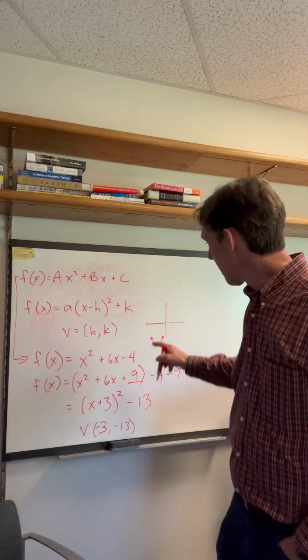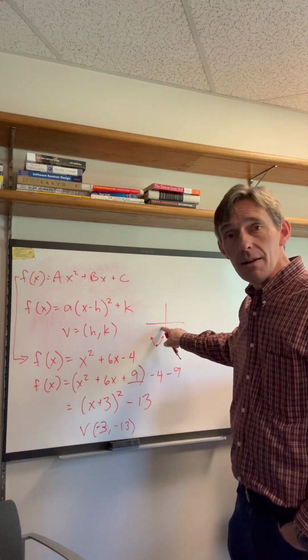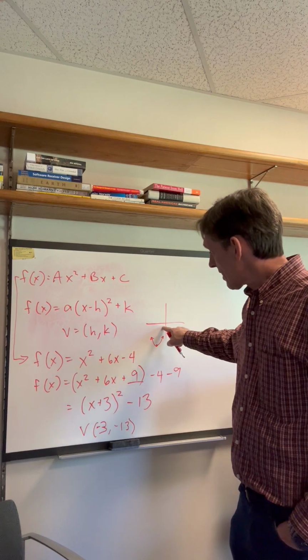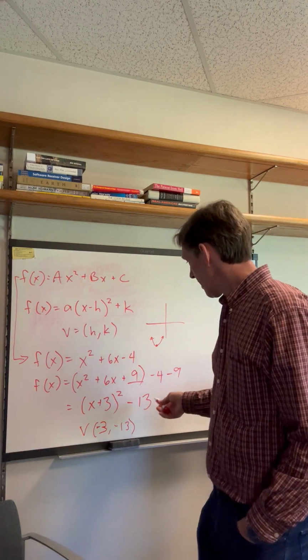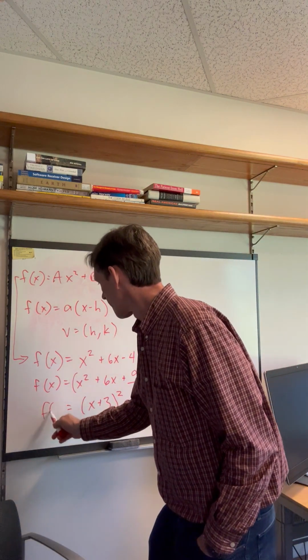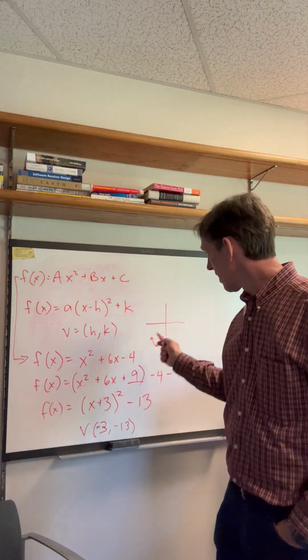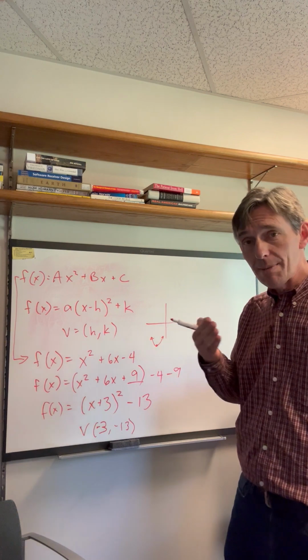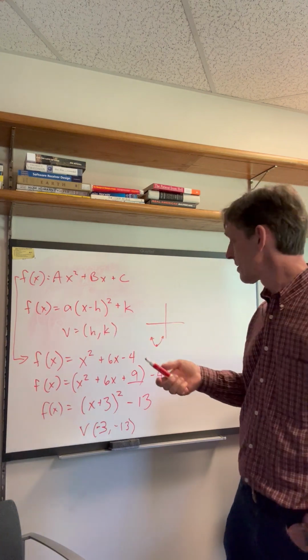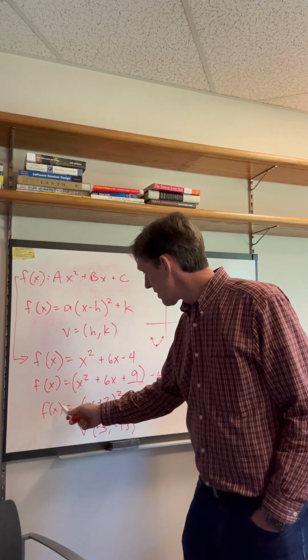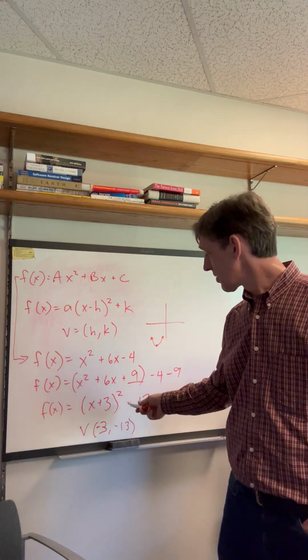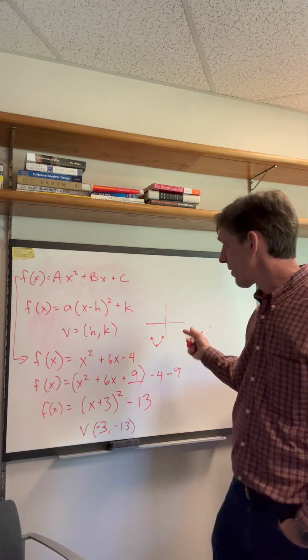And if I want to find where it crosses the x-axis, then I can take this form of it and set f of x equals 0, right? Because y equals 0 describes every coordinate on the x-axis. So I can set that equal to 0 and solve this equation here to find what those x values are.